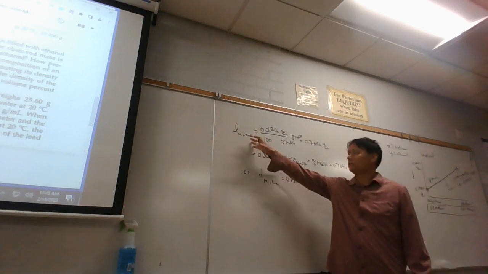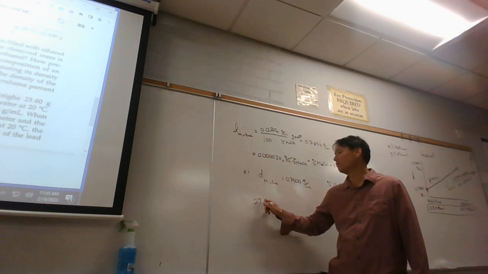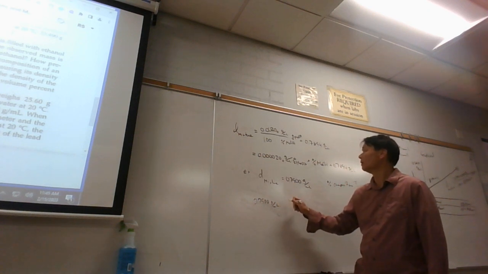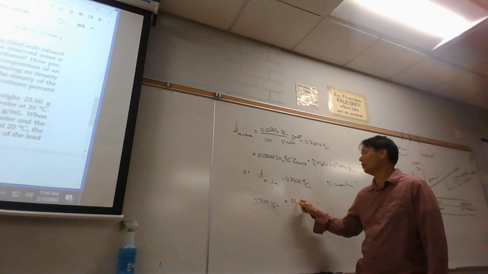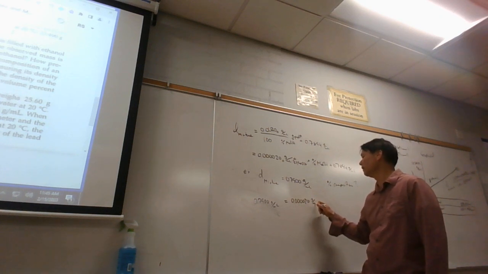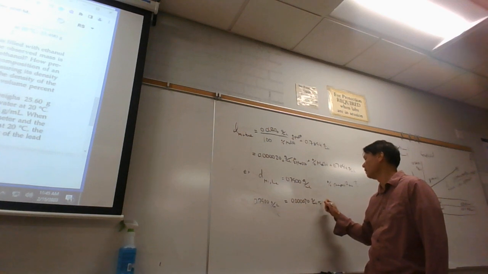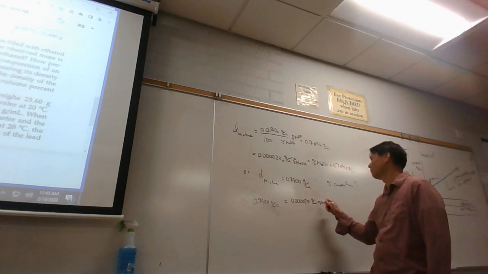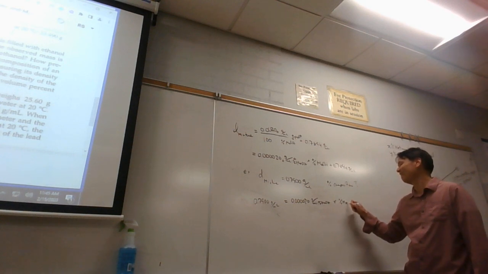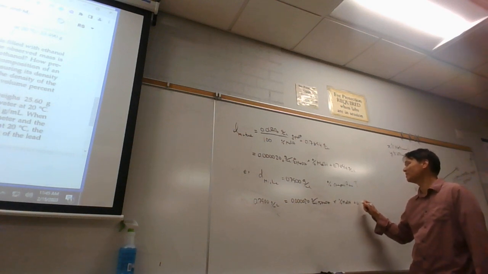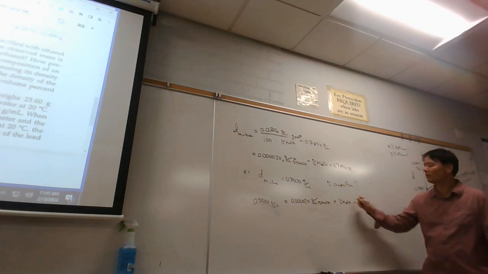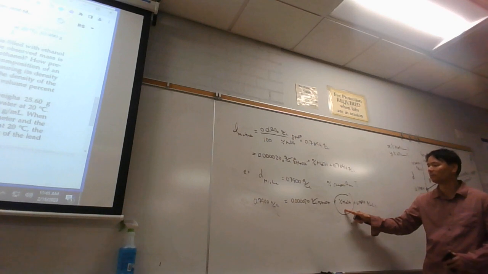So we just use our mathematical equation here to figure it out. 0.7900 grams per milliliter is equal to 0.020 grams per milliliter per percent methanol times the percent methanol plus 0.7894 grams per milliliter. Then we're solving for percent methanol here.